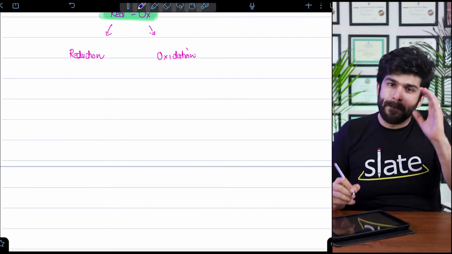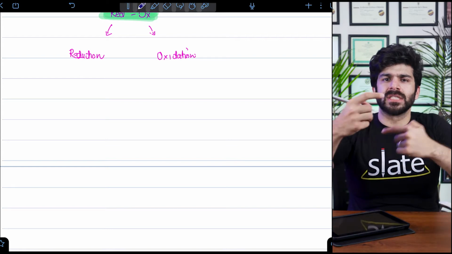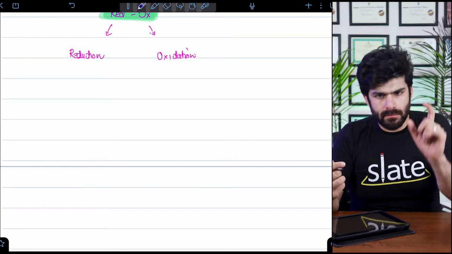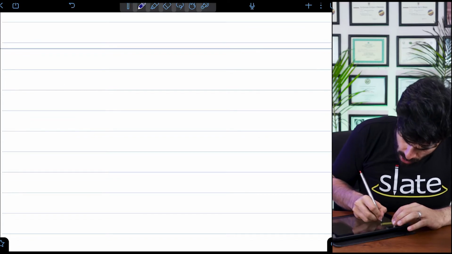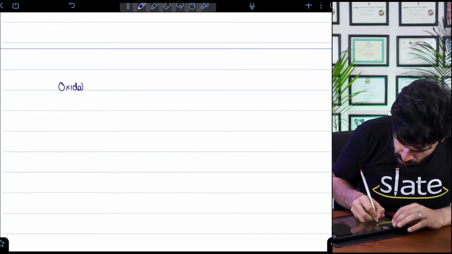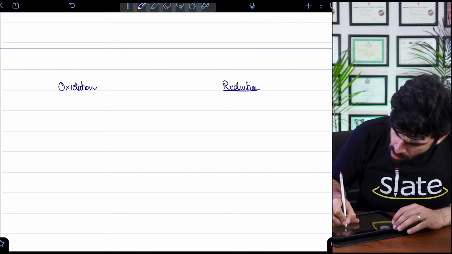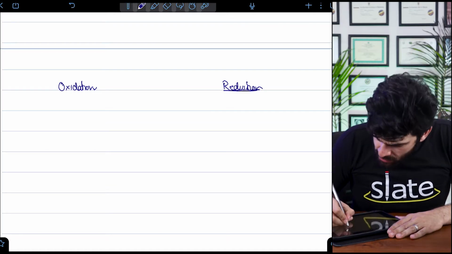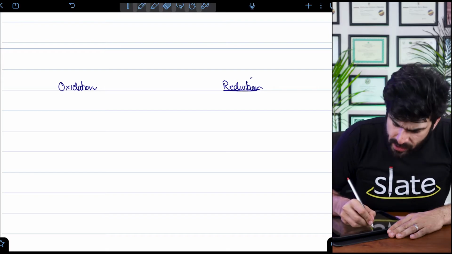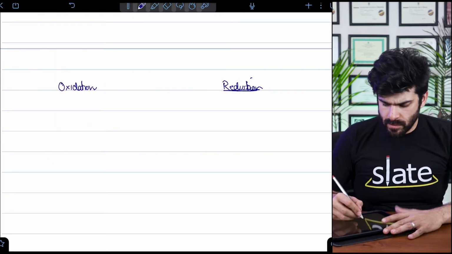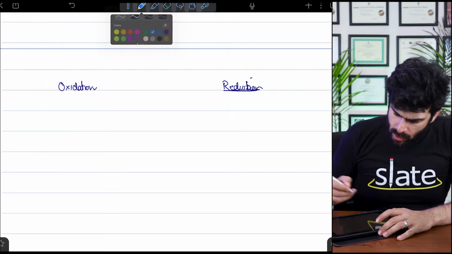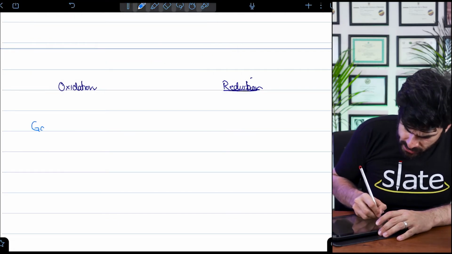These are two just basic but opposite concepts, students. So, oxidation, reduction. Oxidation can be described in various ways. Oxidation is the gain of oxygen.